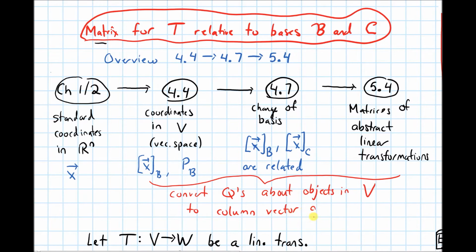Because that's what all the coordinate vectors are. The coordinate vectors are now just column vectors, even if the initial elements weren't, if they were something like polynomials or matrices.